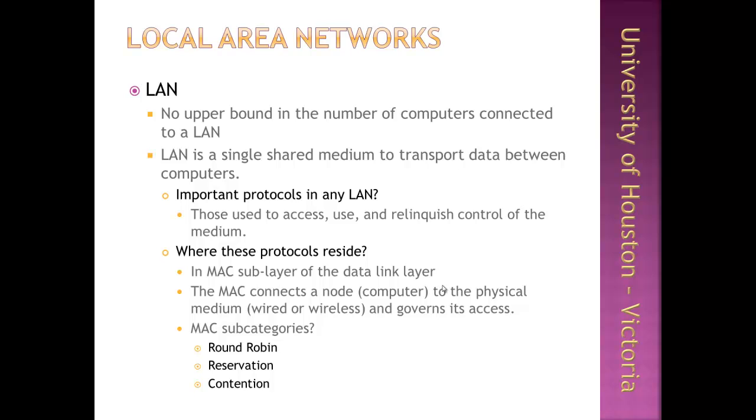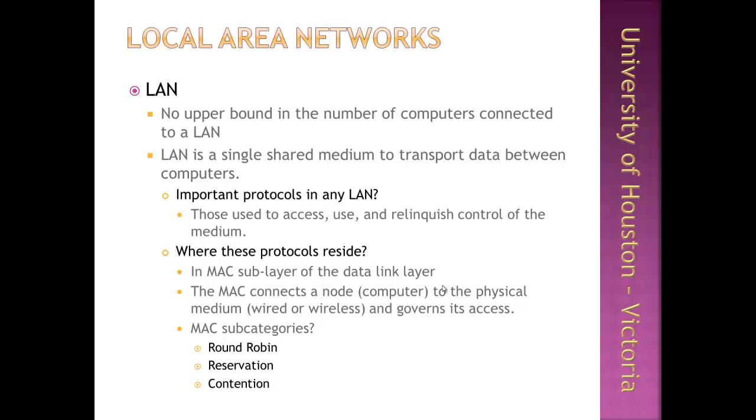It performs error correction and node addressing and regulates access to the physical medium using a variety of protocols. Logical link control, or LLC, is a higher sublayer, and it performs error control, flow control, and also interfaces with the higher OSI layers. The task for this layer is also to perform addressing for the MAC layer.